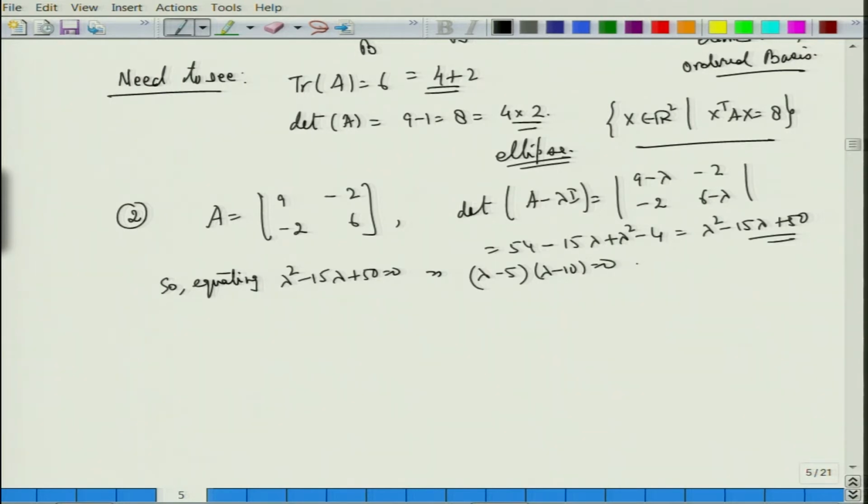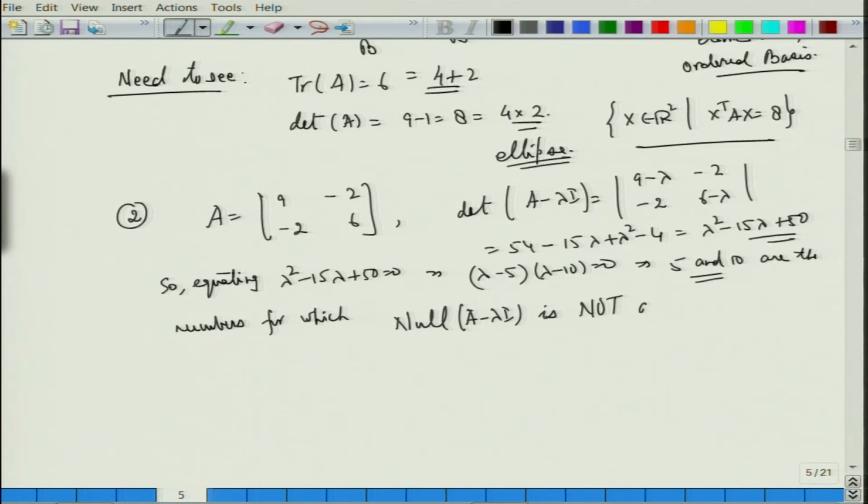So, this implies 5 and 10 are the numbers that we need to look at, the numbers for which the null space of A minus lambda I is a non-trivial subspace.